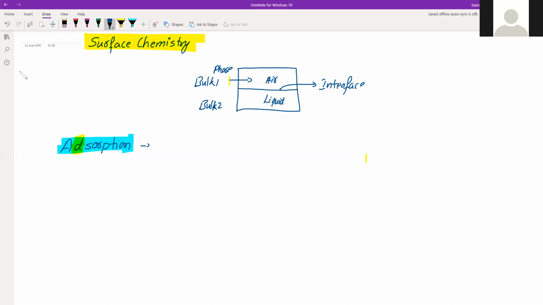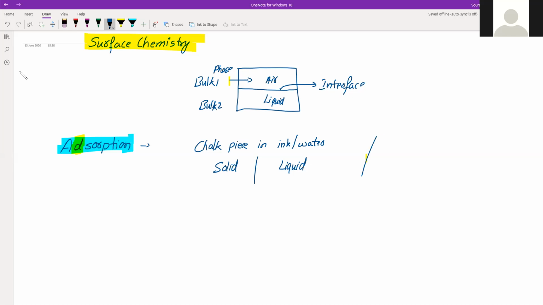The most common example you must have observed yourself is a chalk piece in ink or water. Here we have a solid mass and a liquid mass, right? And there is a boundary for that.